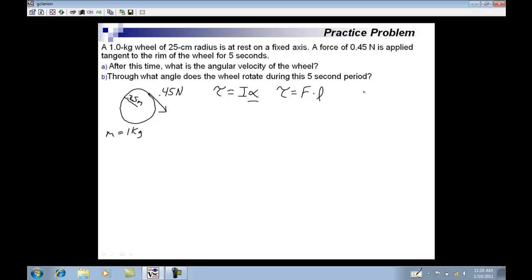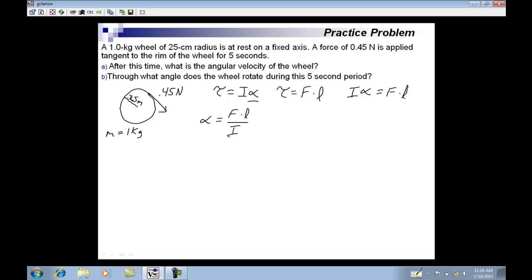The moment of inertia times the angular acceleration equals the force times the lever arm. So my angular acceleration equals the force times the lever arm divided by the moment of inertia for a wheel.